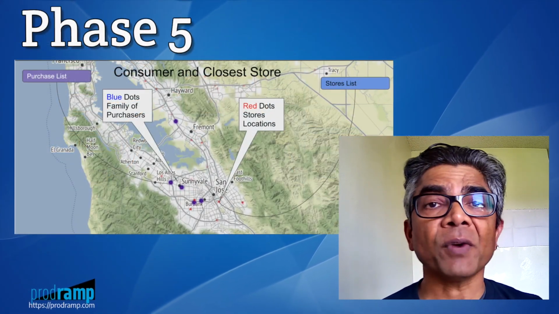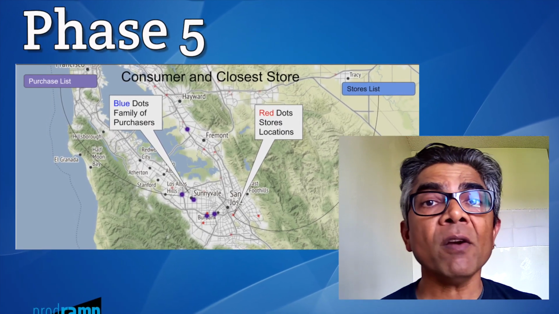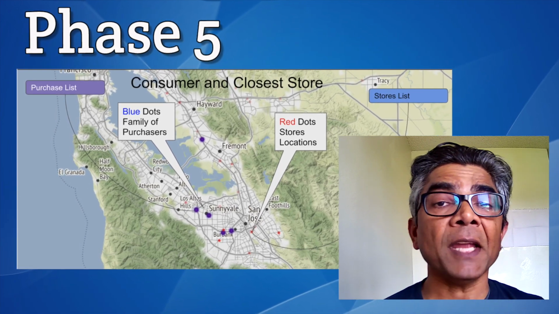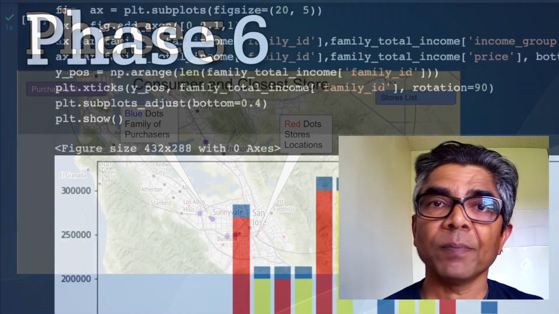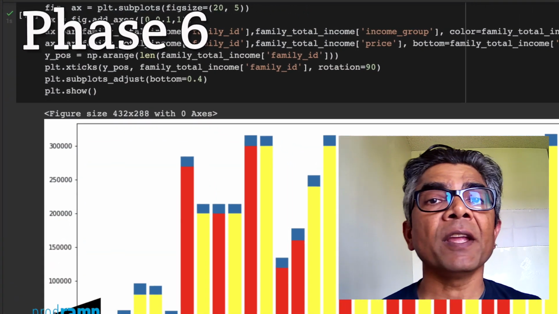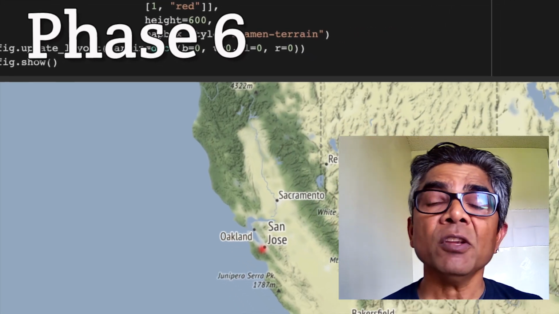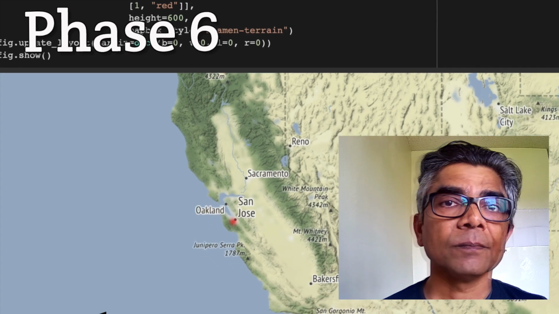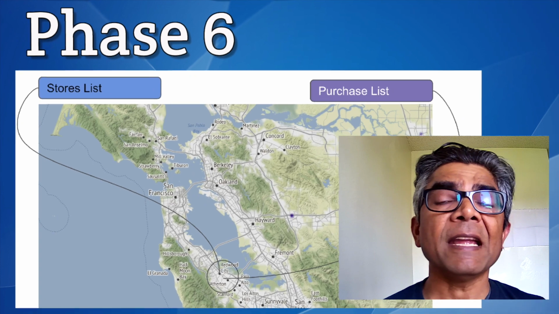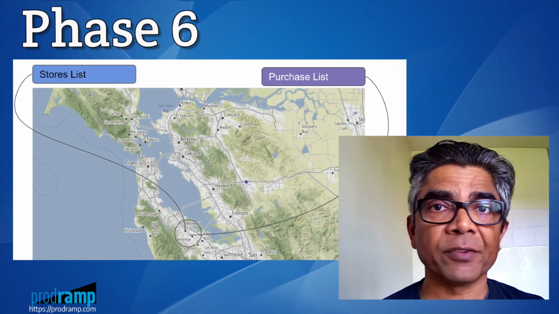In phase number 5, we are creating the Plotly based maps to show where the stores are and where the purchasers are purchasing their items in their close proximity. And in phase 6, the last phase, we are creating various retail analytical dashboards using graphs. So combining phase 1 to phase 6, you are going to get an end-to-end retail data analytics experience.